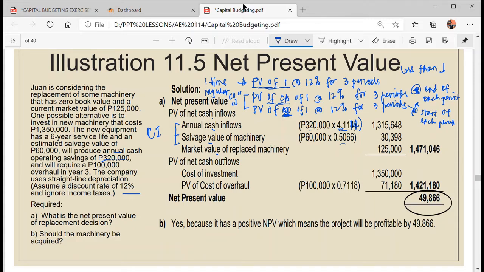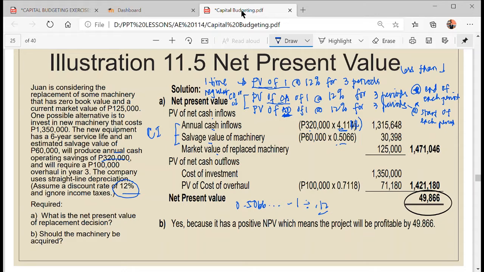So, if you can recall, we solved this earlier, starting from 0.5066, minus 1, divided by 0.12. We use 12% because the discount rate is 12%.